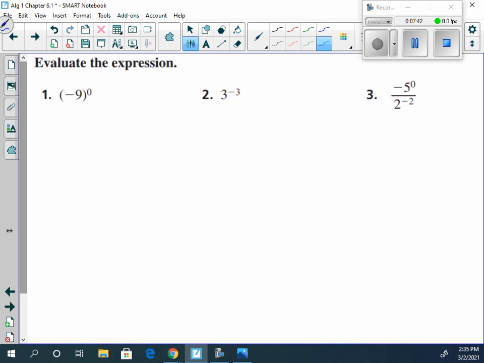-9 to the 0 power. This would just be 1. How about 3 to the -3rd?